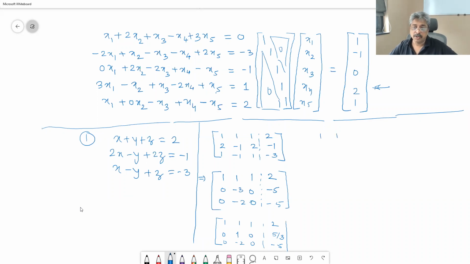If I want to make this 0, what should I do? Multiply row number 2 by 2 and add it to the third.